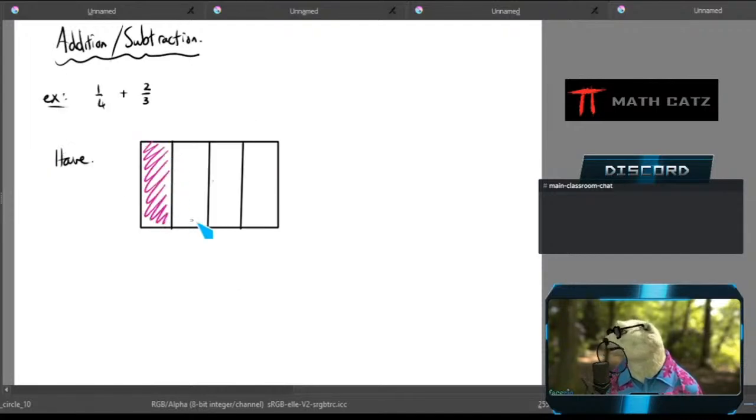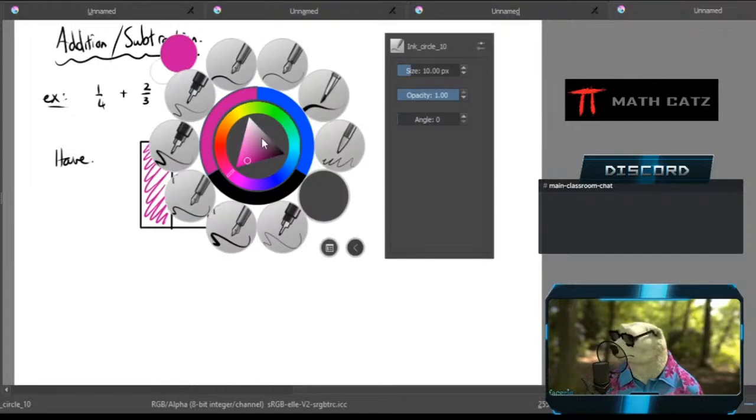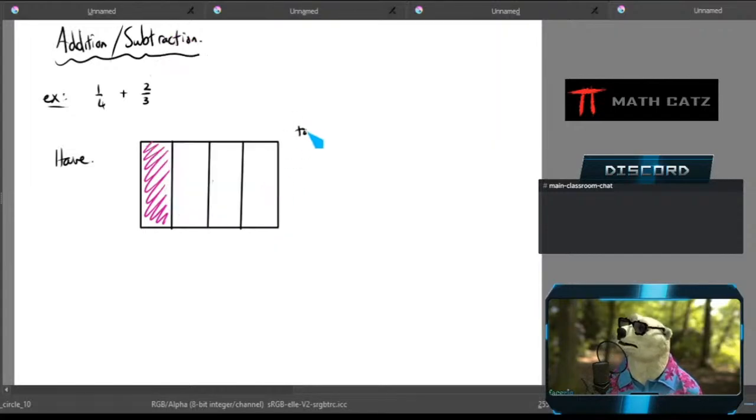So I have some stuff according to the first fraction. I don't need to make these big to understand what's happening here. Then I'm going to put that together with, because I'm adding, another rectangle, some more stuff.